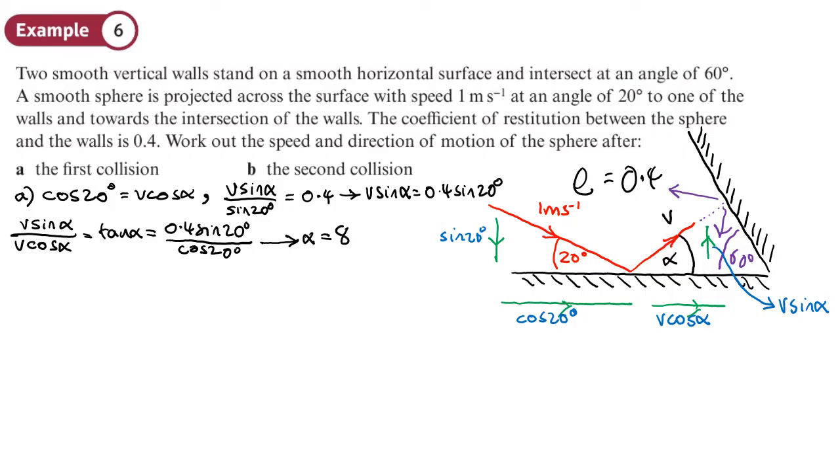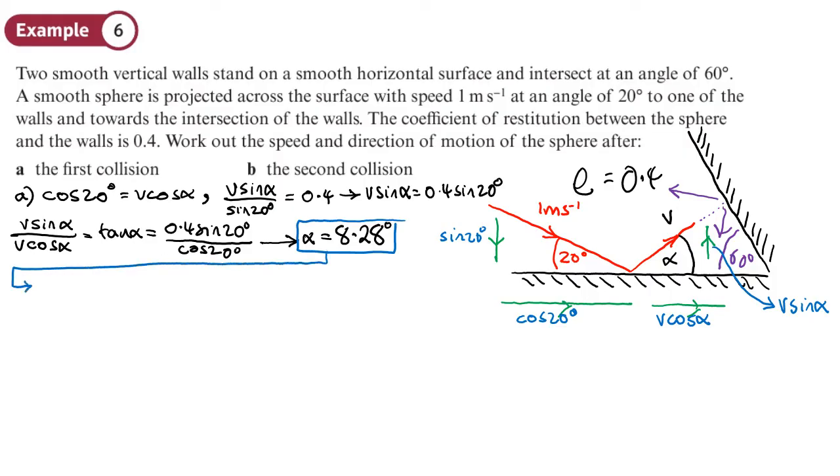So I'll call that 8.28 to three significant figures. And now, so that's the angle, we now need to work out the speed. We've got the direction and the speed. We can substitute that 8.28 into any of the equations now.